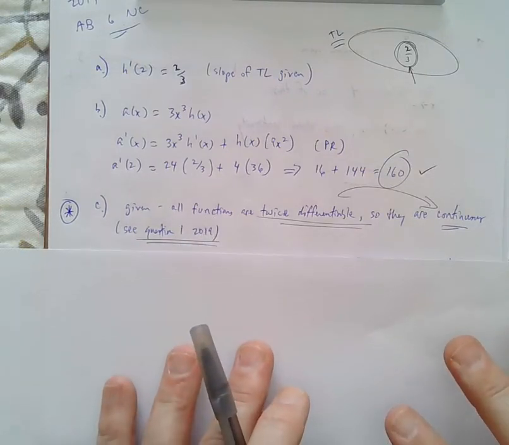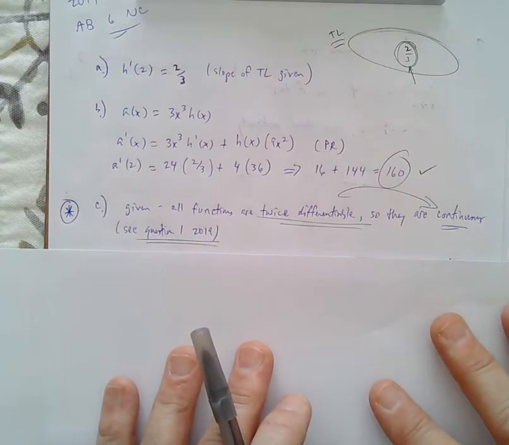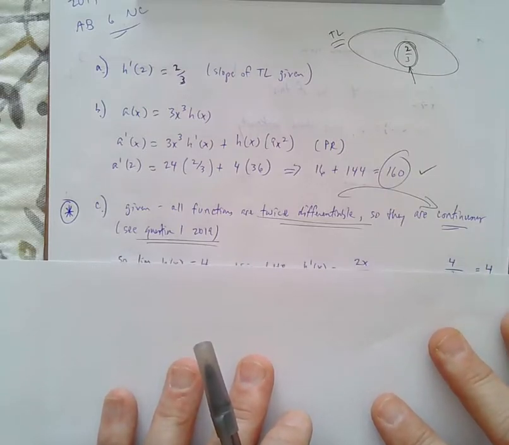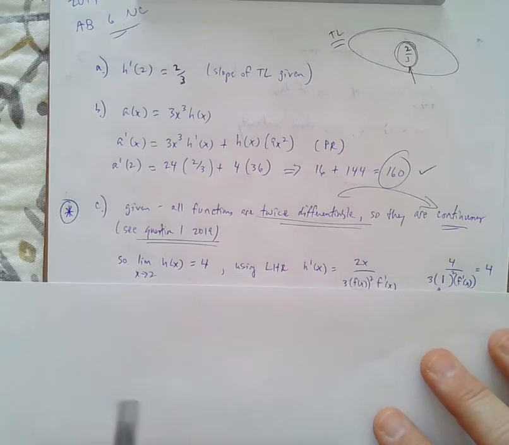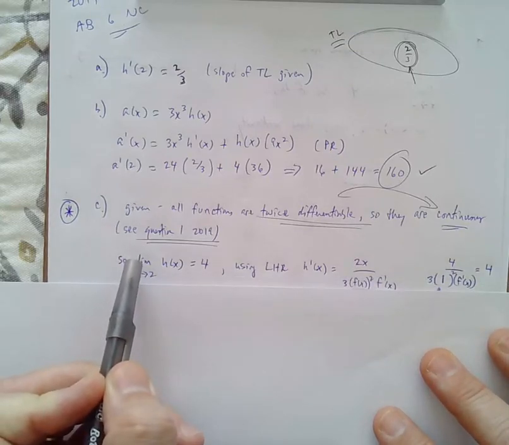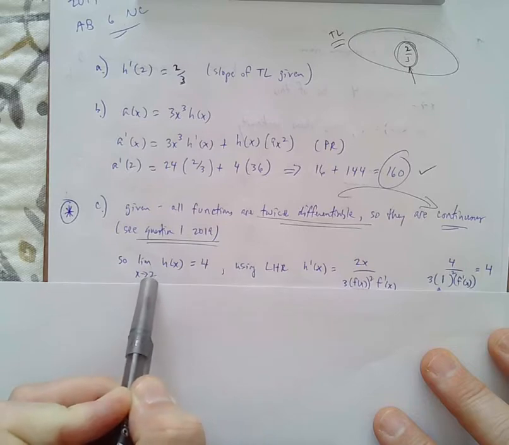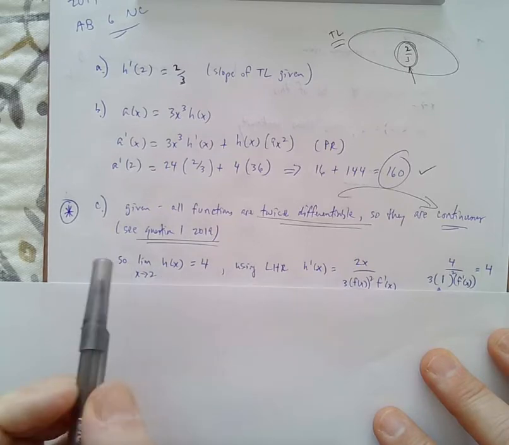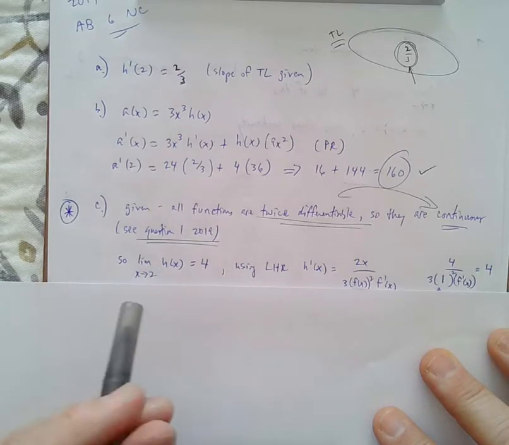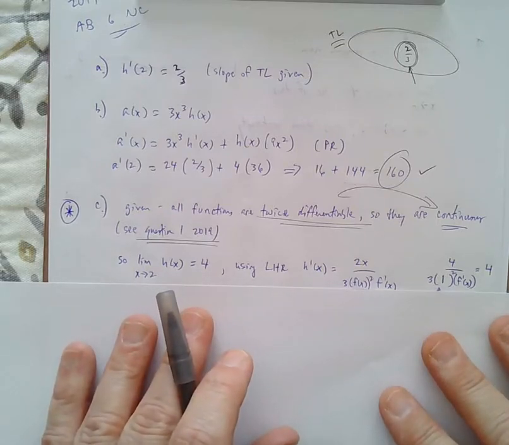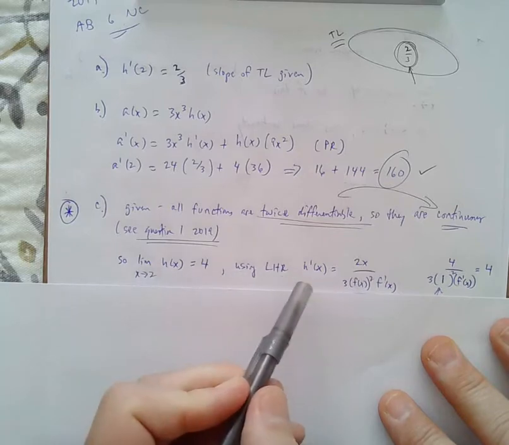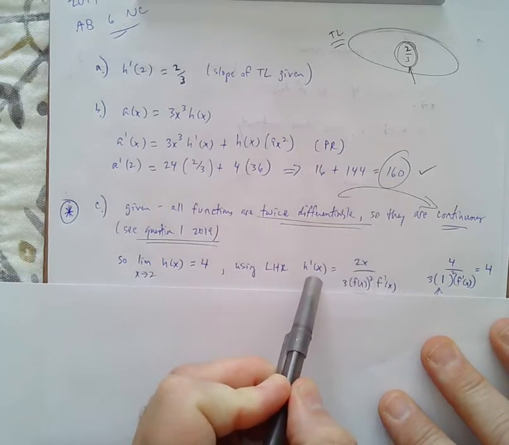So again, my writing might not be the best if you need to consult the answer key, but what I decided to do is I said, okay, the limit as x approaches 2 has to also be 4, because if they both go to 4, then so does h of x.